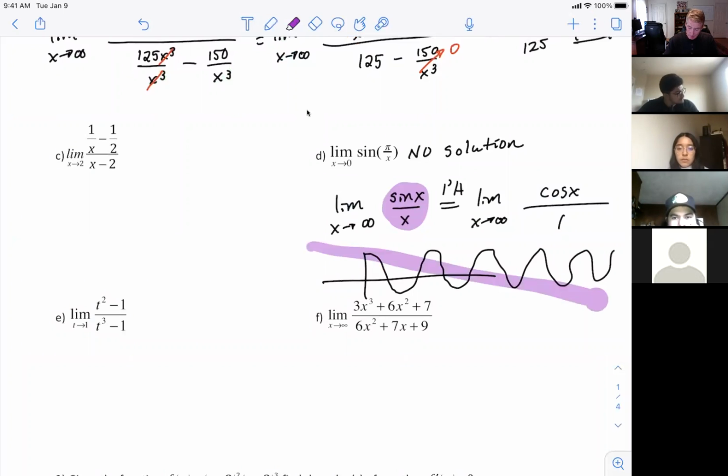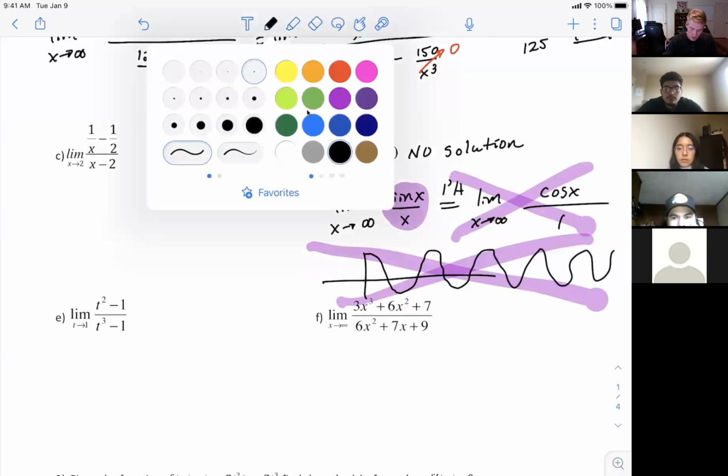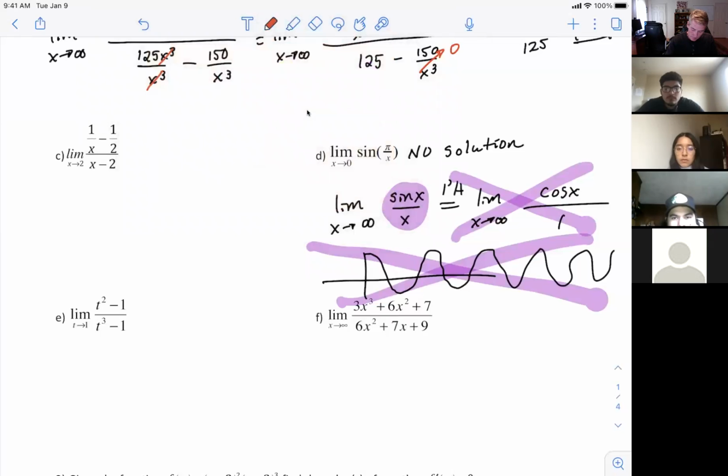So that means that this part was not right, which means that this part was not right. And the reason it didn't work is because for L'Hopital's rule, it has to be 0 over 0 or infinity over infinity before you can use it. With sine of x over x, the bottom is going to infinity, and the very biggest that sine gets is 1.